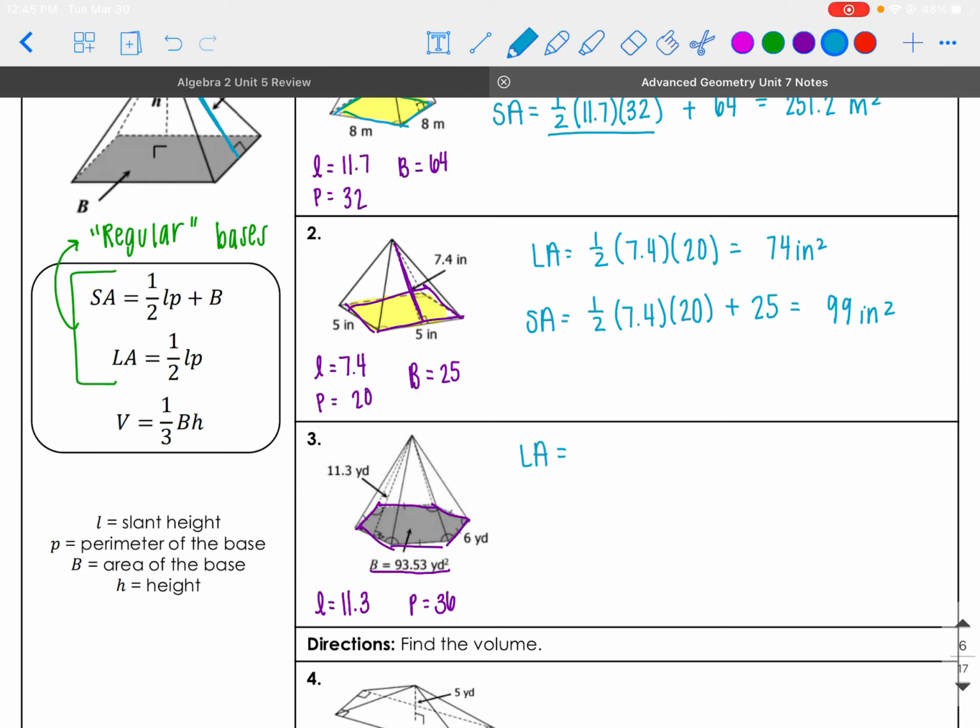So lateral area is half times 11.3 times 36. And we get 203.4 yards squared.